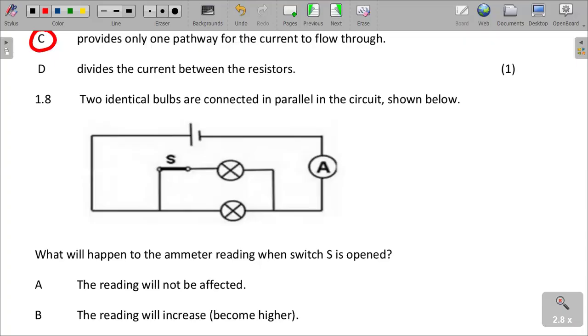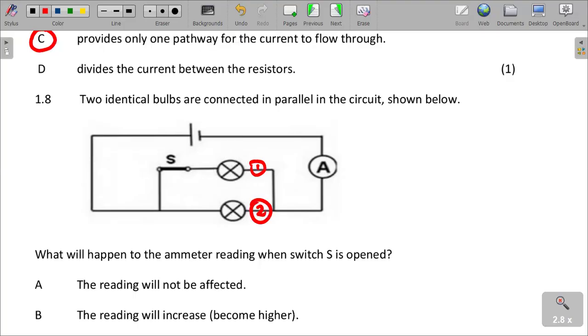Two identical bulbs are connected in parallel in the circuit shown below. As you can see, there are two pathways: one, and then two.